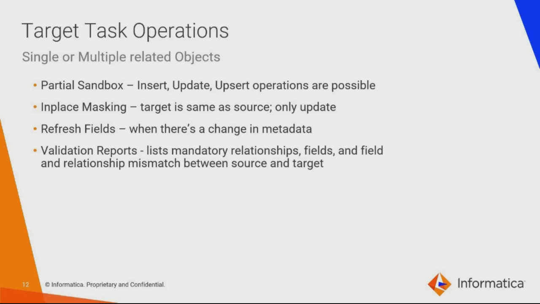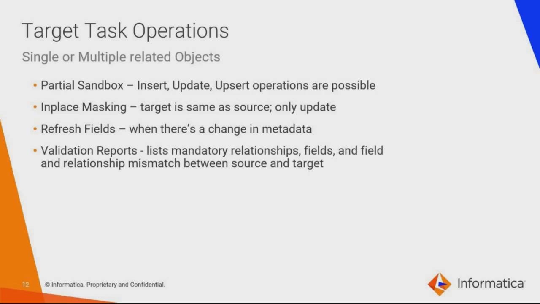The next one is validation reports. When you click on this on the target page, the task validates whether the fields are visible in the source and targets, the schema is proper, and then creates a validation report in an ASCII text format.